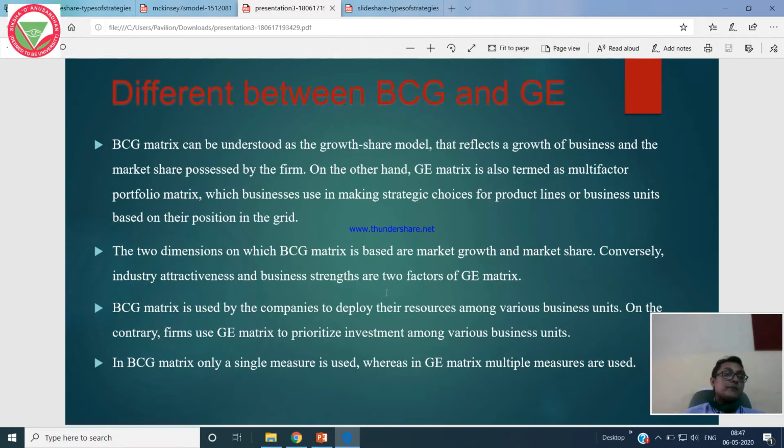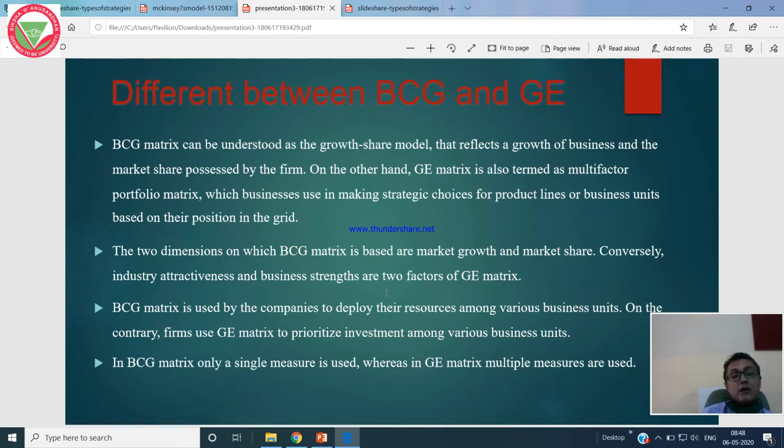See, where to put money, where to hold and go on a wait and watch mode, and where to take the money out of the business. The BCG matrix cannot tell you that particular aspect. That can only be told to you by the GE matrix. In the BCG matrix, only a single measure is used, whereas in the GE matrix multiple measures are used.